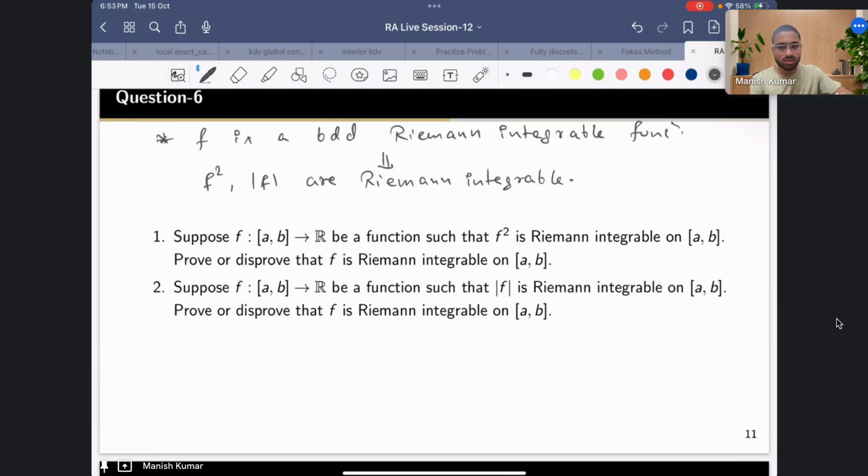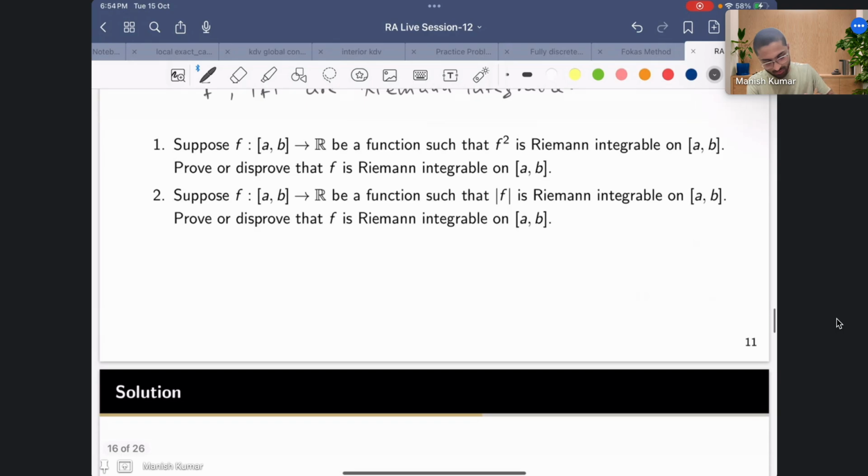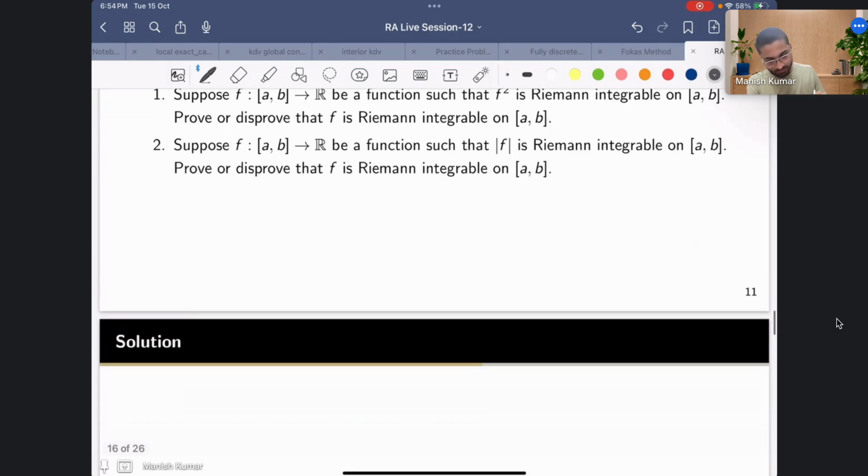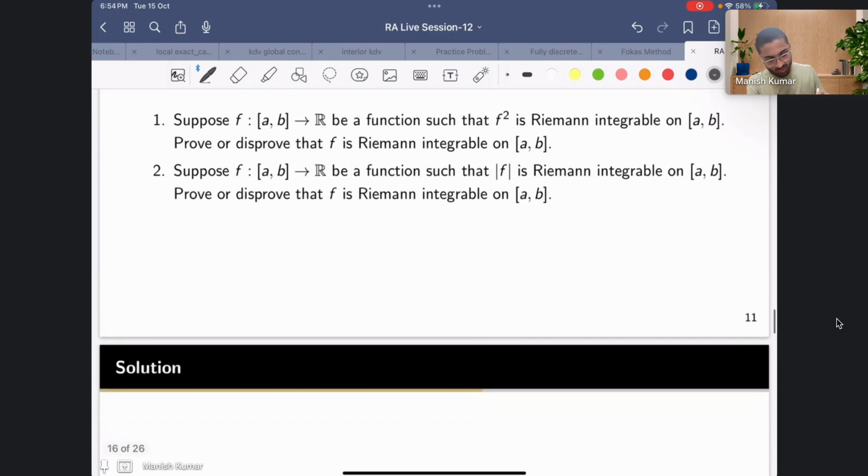Can you suggest some example? No, sir. Okay. If you want to disprove it, can you give some example for that? X square. You are saying f of x equal to x square. Is this what you are saying?